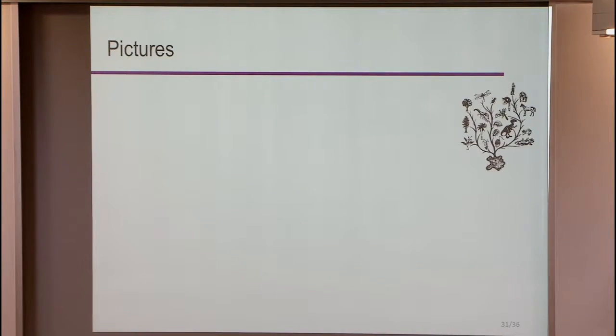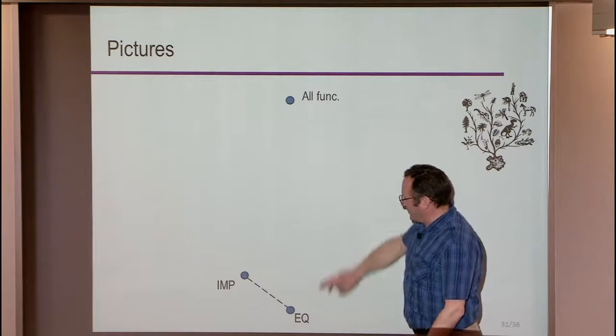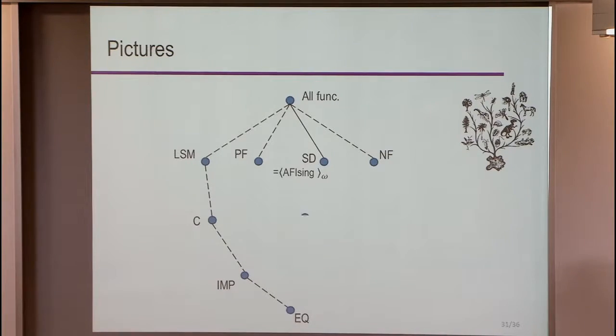Okay, it's time to draw some pictures, perhaps, just to classify things we know so far. Again, we start with something big, with something small. There is this thread between EQ and all functions related to LSM. We have this positive odd Fourier, negative odd Fourier, self-dual, which is the same as Ising.